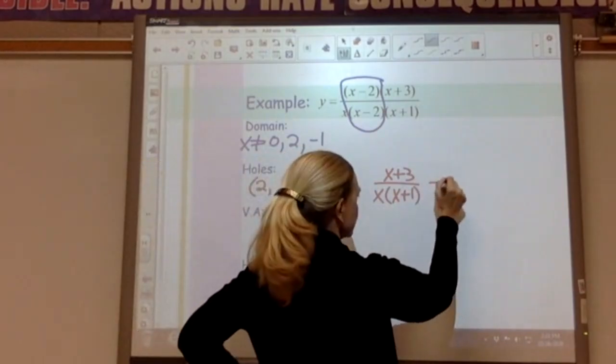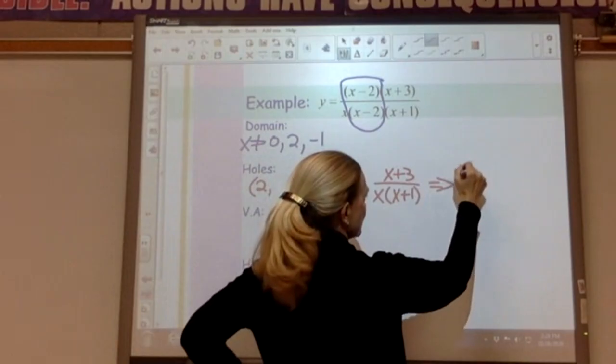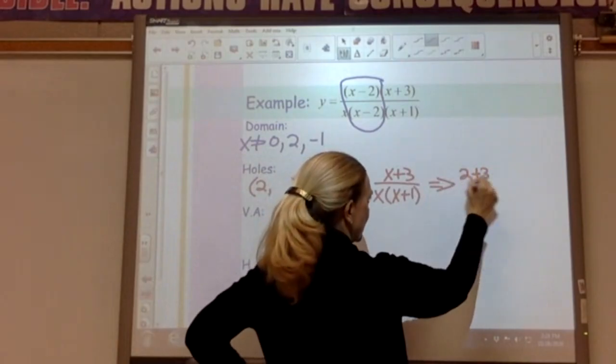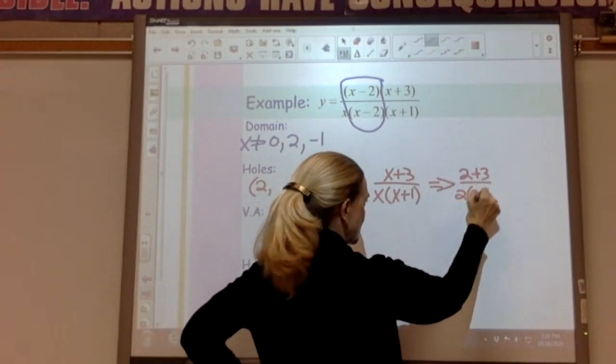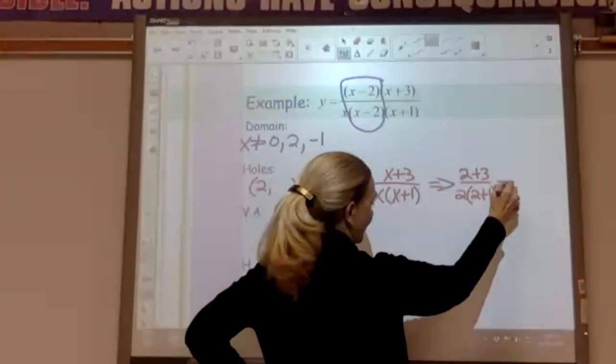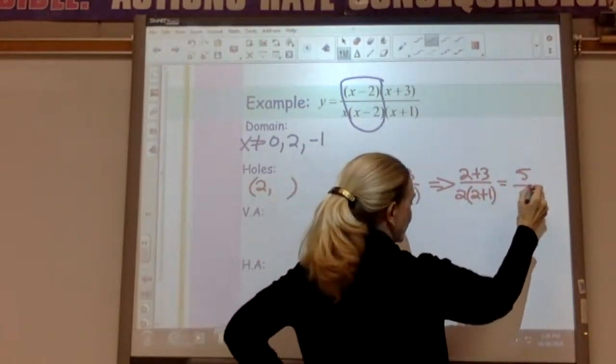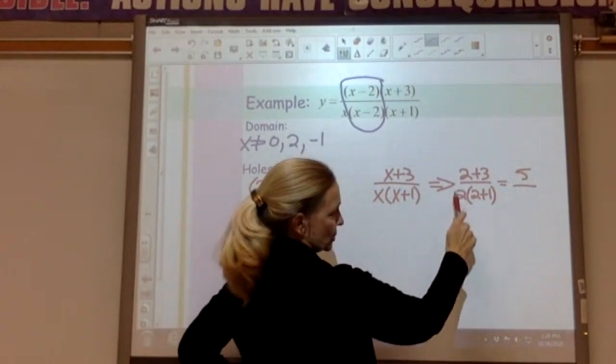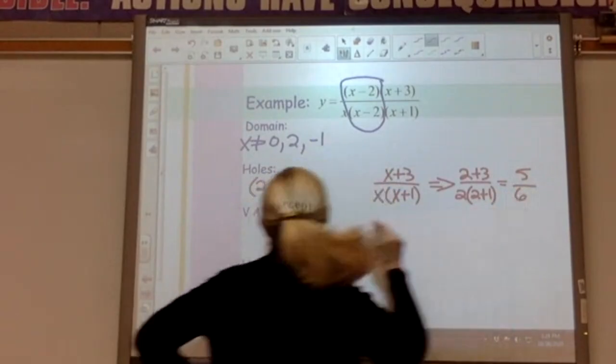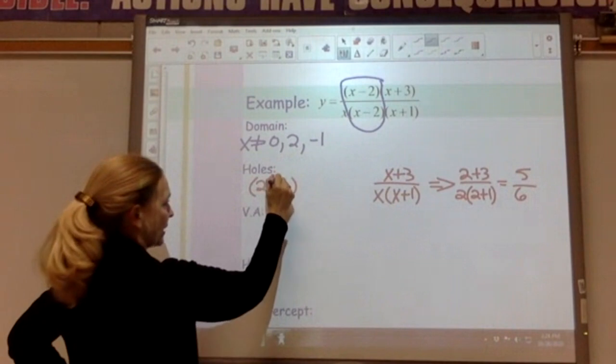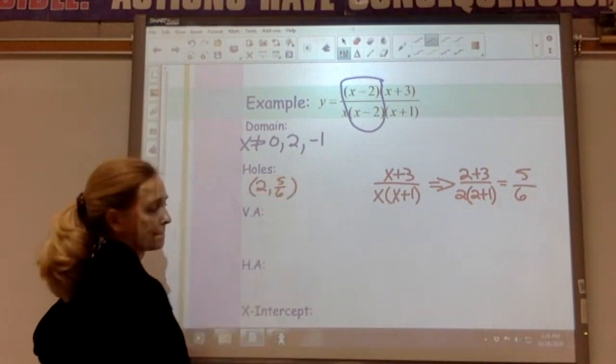Then I'm going to have 2 plus 3 over 2 times 2 plus 1. So this is 5 over, this is 3, 2 times 3 is 6. So the hole is 2 comma 5 sixths.